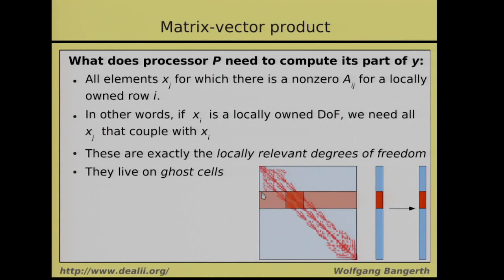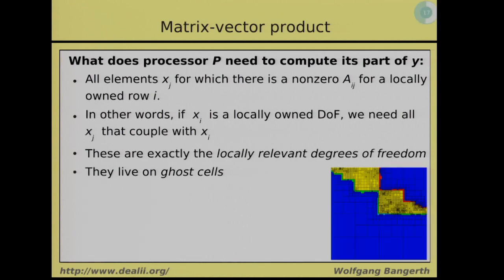I only need to know those x_j's from a vector that couple with the i's that are locally owned. That's of course, in the lingo of the previous lecture, exactly the locally relevant degrees of freedom. They live on my own cells plus the ghost cells. Okay, so all you have to import are the degrees of freedom that live on the ghost cells. And you can imagine that's a relatively small number, right?